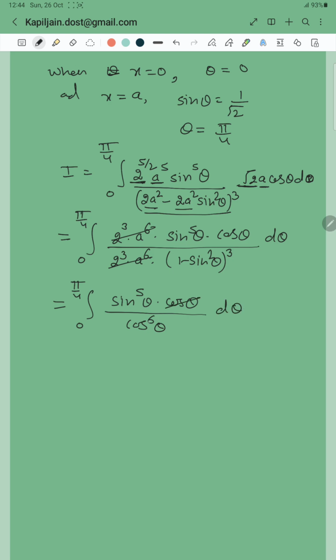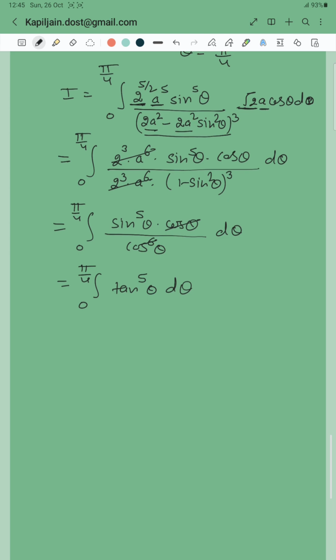Now cancelling one cos theta, we get in the denominator cos raised to power 5 theta, and sine theta by cos theta is tangent theta, so the integral is from 0 to pi by 4 tangent raised to power 5 theta d theta. So our integral is from 0 to pi by 4 tangent raised to power 5 theta.